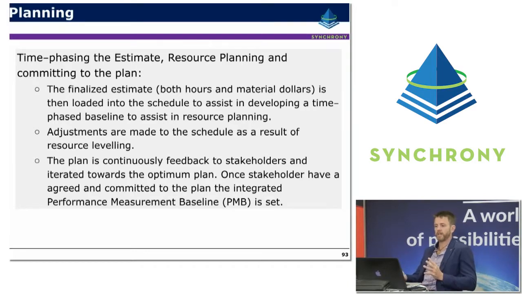Adjustments are made to the schedule as part of the resource levelling process, or as there's different trade-offs or negotiations between different project teams, the schedule could iterate and change quite a lot as it's developed. It's basically continuously fed back to the stakeholders, the idea being to optimise the plan as much as possible before it's committed to. Once stakeholders have agreed and committed to the plan, the baseline's set, and the whole purpose of the baseline from that point on is just as a yardstick for performance measurement purposes.